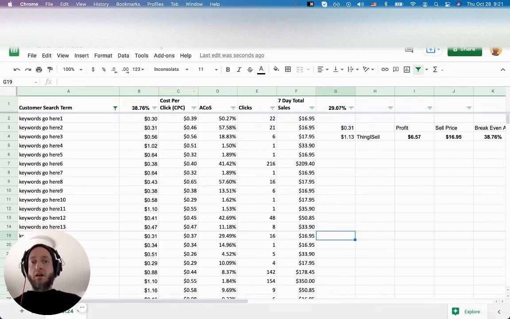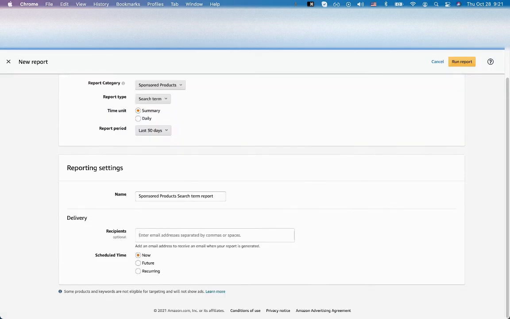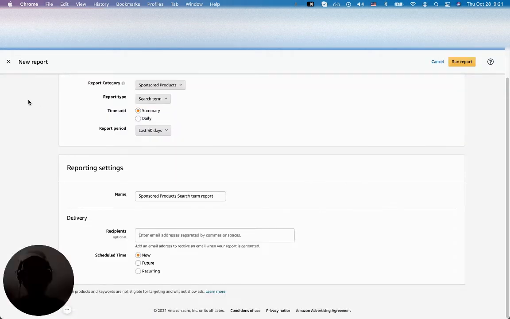The first thing you want to do when you're moving things down the funnel and you need to figure out what you want to move is download a sponsored product search term report. Go into your PPC campaign manager, go to the reports, and choose sponsored products, search term, summary.